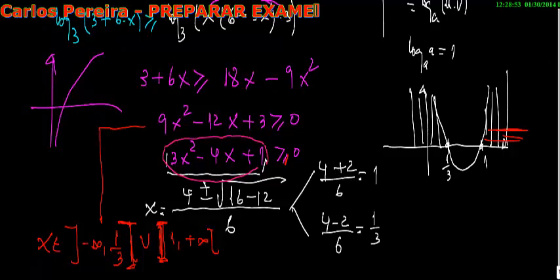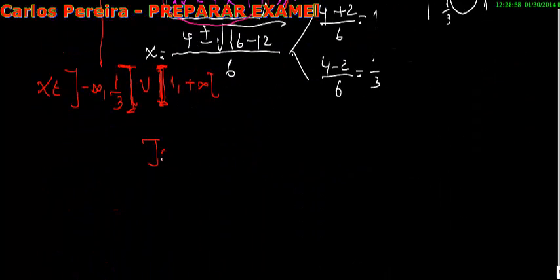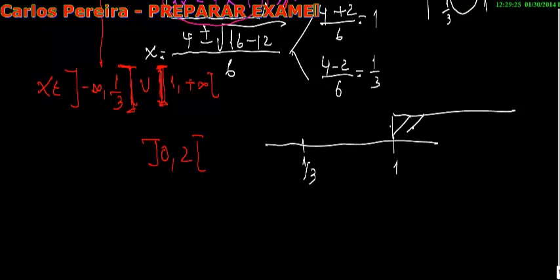Don't forget please about the domain. The domain was like this, the open interval from 0 to 2, okay? So I must again do the intersection, you see, of this interval with this one. What is the intersection? I think it is very easy to understand. If I have here 1 over 3, if I have here 1, I have here the right side, I have here the left side, open intervals.